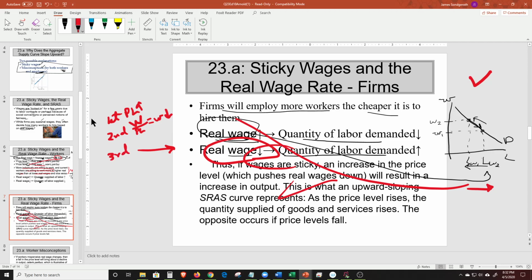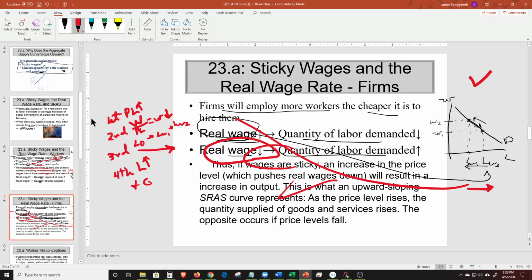Third, quantity demanded of labor. Well, the demand doesn't increase, the quantity demanded increases, goes from LW1 to LW2. That's an increase in labor. So fourth, there's an increase in labor utilized.